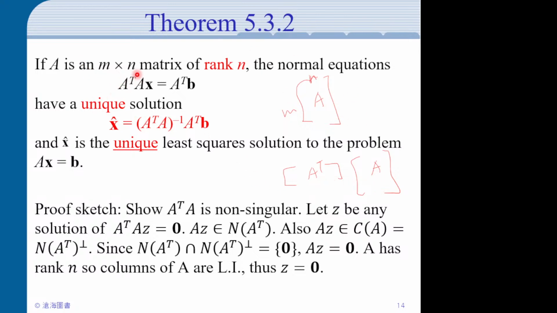If it's non-singular, then you can just solve this equation by inverting, right? So you have a unique solution x hat equal to (A^T A)^-1 times A^T b. So if you forgot all the derivation, you can still memorize this equation and solve a lot of least square problems.